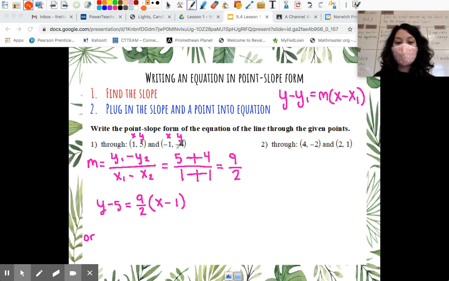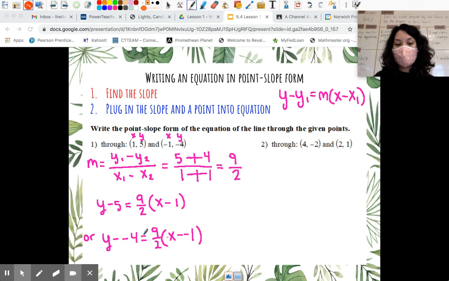Or I could have used the second ordered pair, and you only need to give one answer. I'm only going to show you both just to show you that either would be acceptable, but you only have to give one answer for each of these. If I used the second ordered pair, it would be y minus negative 4, because remember, we've got a minus and then a negative, so we've got a double negative, equals 9 halves, x minus negative 1.